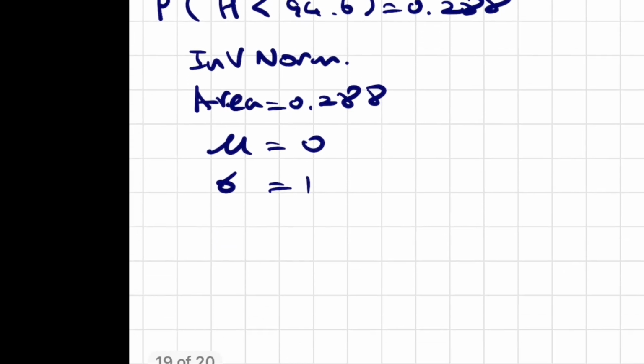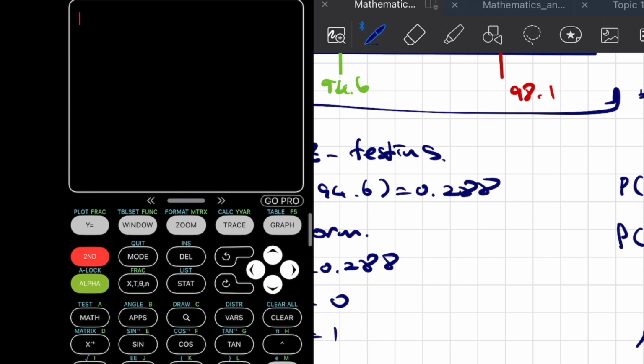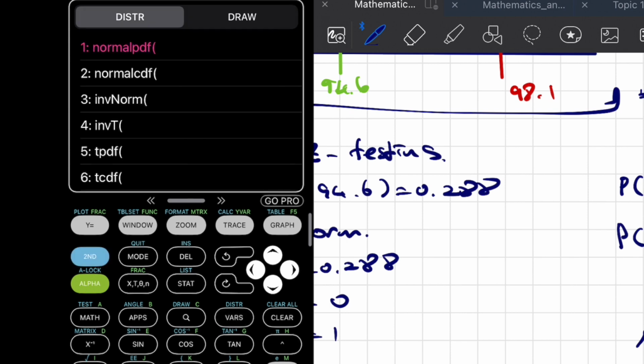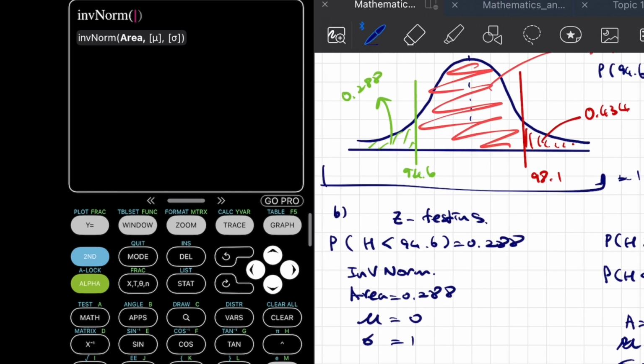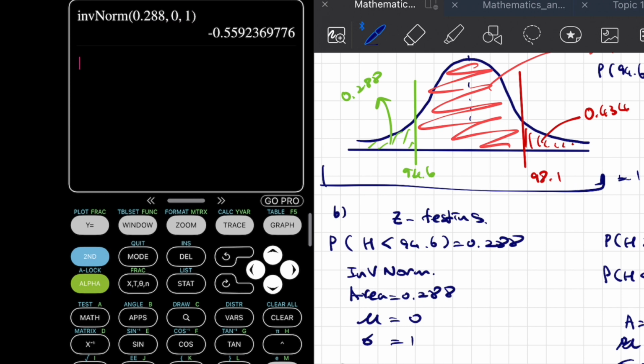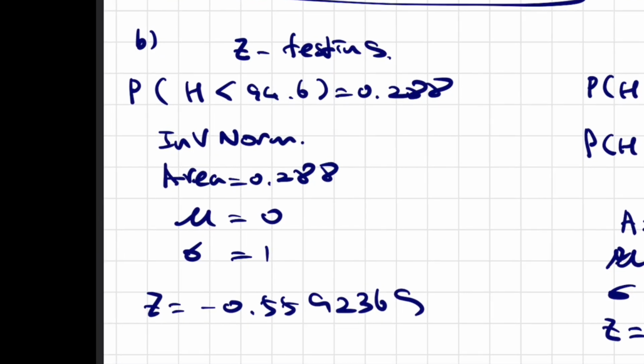Then using the z-testing, let's try to use the GDC together. So we're going to go to second distribution, and then you're going to go to inverse norm. You're going to set 0.288 comma 0 comma 1, then you get a z value equal to negative 0.559239, and then you can set the z equation.